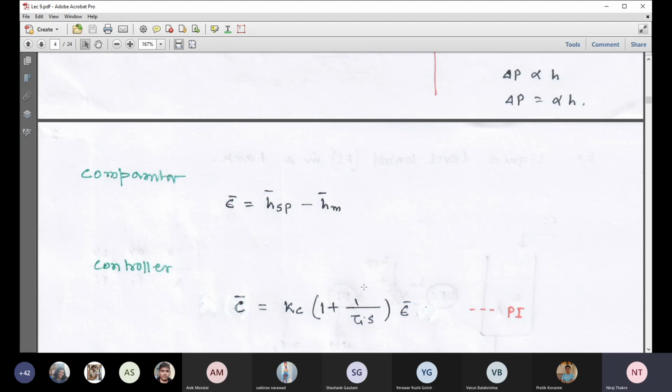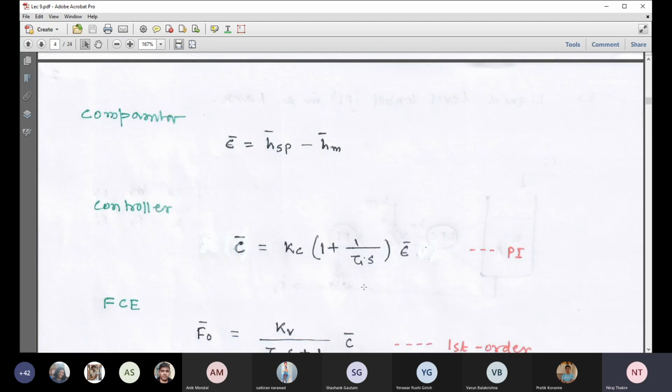Subhada Rishi, 10058. Are you there, Subhada? 10058. 10059, Sarup Ranjan Mandal. 10059, Sarup.